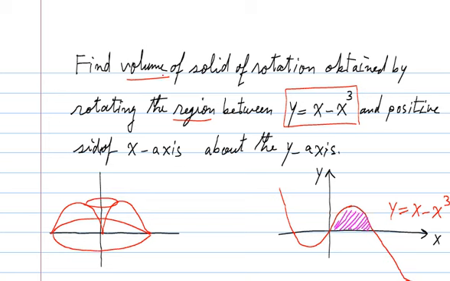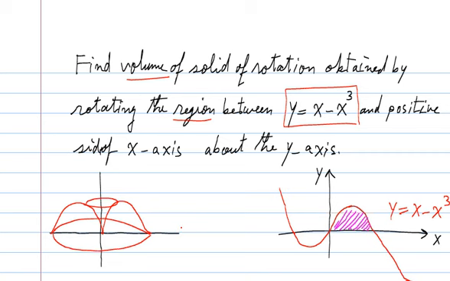We are asked to find the volume. We have so far two methods for finding volume. One is the method of disks, another one is the method of cylindrical shells. Which one of them is easier to apply here, or is it that both of them are equally easy or perhaps equally hard?